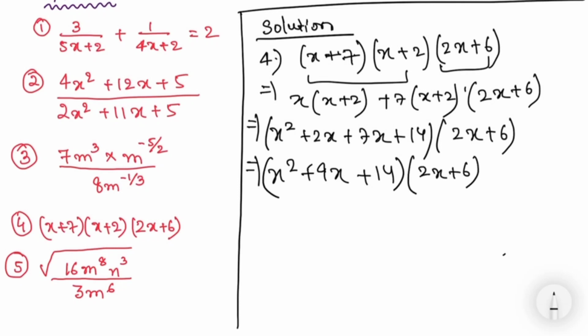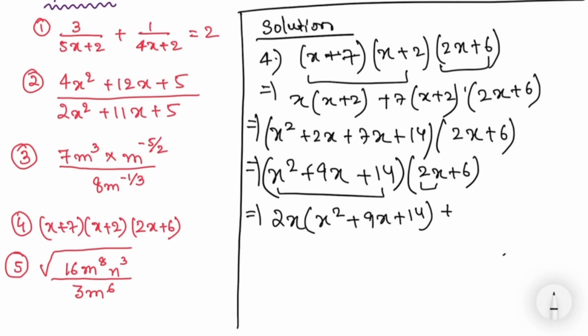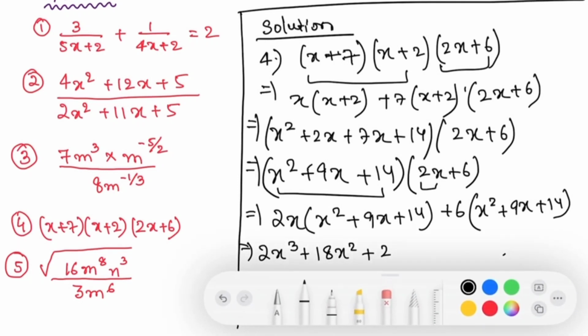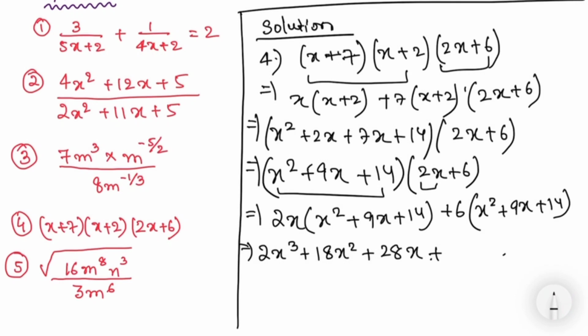Now what we'll do, we'll take 2x and write the whole x square plus 9x plus 14. Now again we'll take 6 and write the whole x square plus 9x plus 14. So it becomes 2x cube plus 18x square plus 28x plus 6x square.